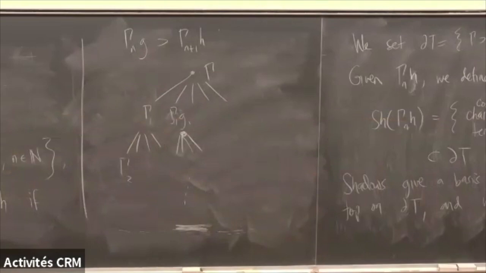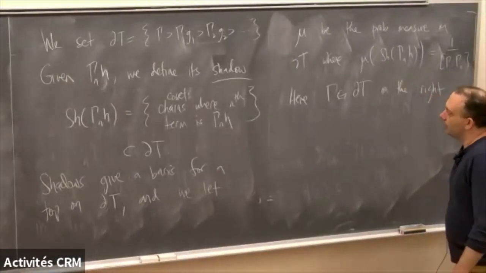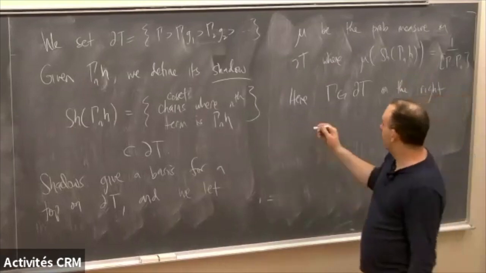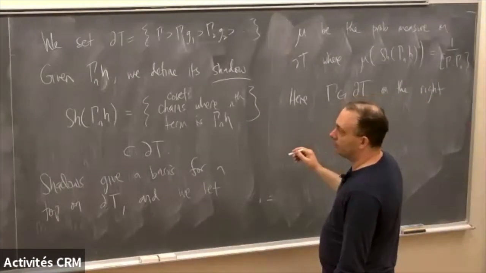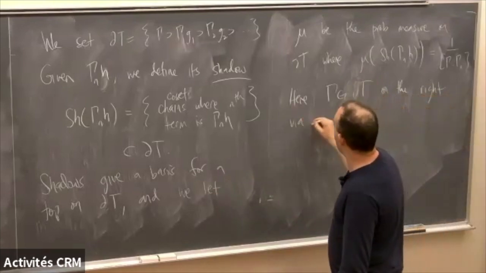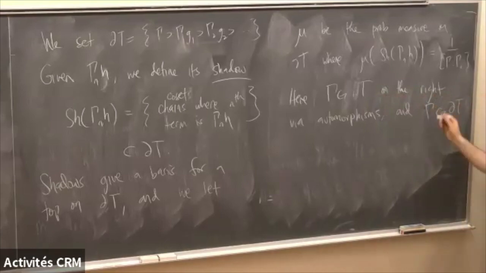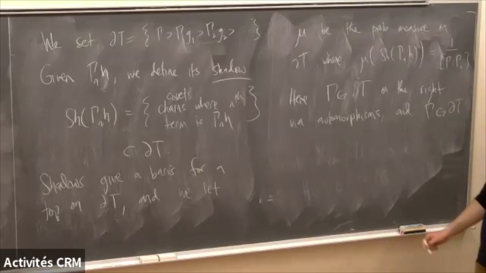So gamma acts on the boundary on the right, say, via automorphisms. It acts on the tree on the right via automorphisms, and because these automorphisms preserve height, they send height n shadows to height n shadows, and therefore preserve this measure.